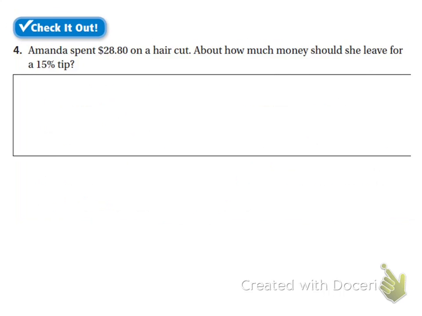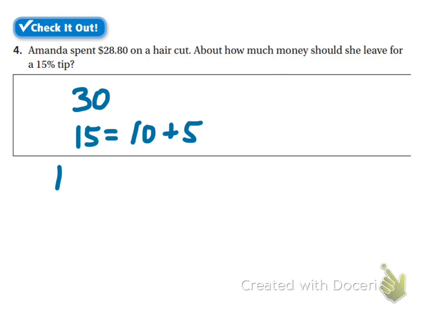Amanda spent $28.80 on a haircut. About how much money should she leave for a tip? Well, $28.80 is about $30. So we're going to do $30. And since we have 15 equals 10 plus 5, I know that 10% of 30 is 3.